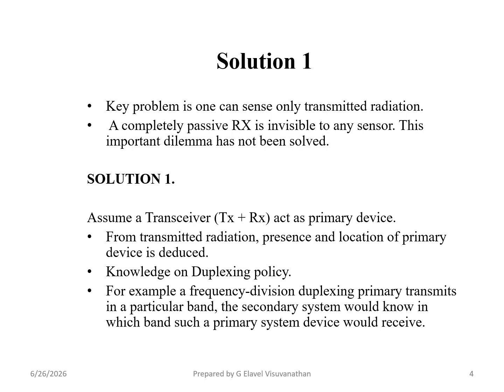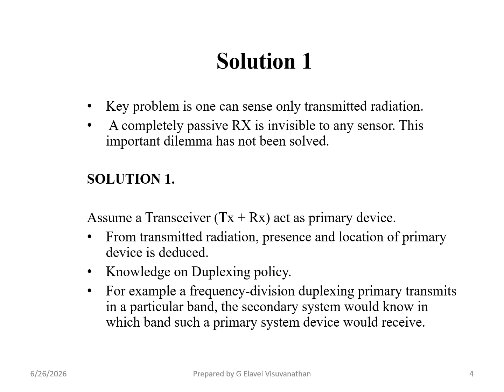Now we are going to find the solution for the given problem. Assume a transceiver, meaning both transmitter plus receiver, acts as a primary device. From transmitted radiation, the presence and location of the primary devices is deduced. Knowledge of the duplexing policy: here they acquire the knowledge with the help of a policy called duplexing.